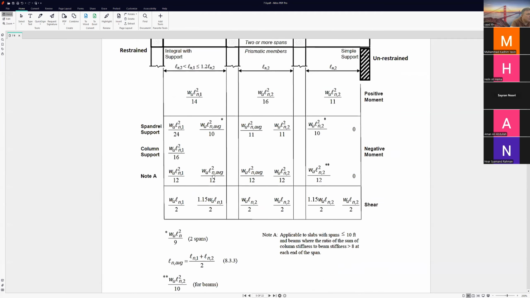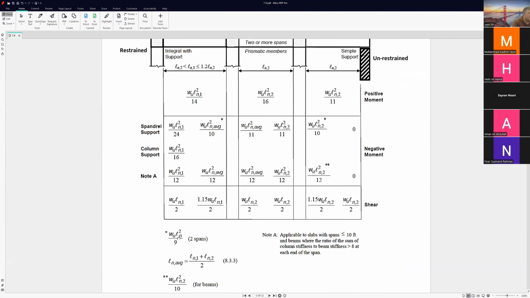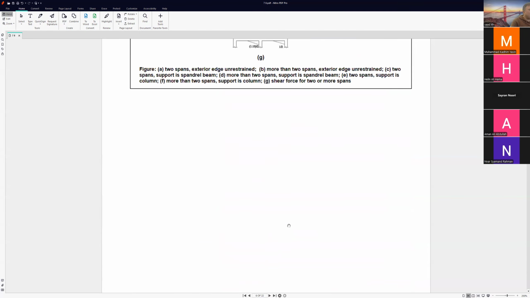If we have spandrel, we have this one, 10, this is 11. So here also we can take the average. That's why on the site we can use this one. It's a star. If we have two span, we can use 9 instead of 10. Do you have any question?